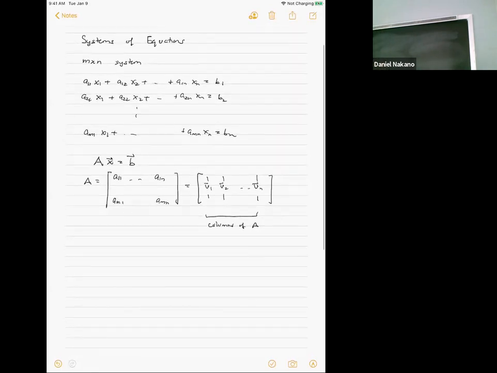That was the definition of A times x. So Ax is equal to x1 v1 plus x2 times the second column plus xn times the last column. Remember, this was the definition.